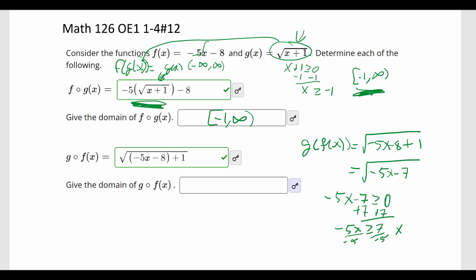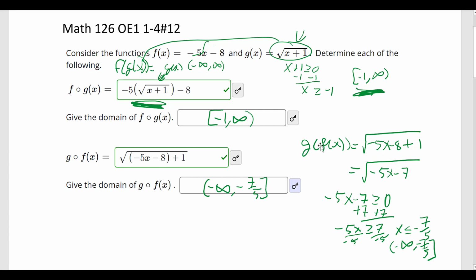And x is, now we divide by a negative, so it switches the sign, less than or equal to negative 7/5. So this is going to be negative infinity up to negative 7/5, and it's inclusive, so you get that bracket there. So negative infinity to negative 7/5.